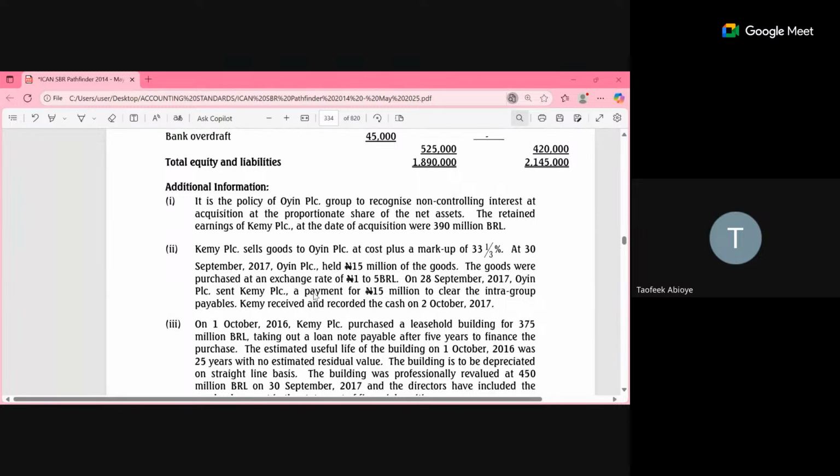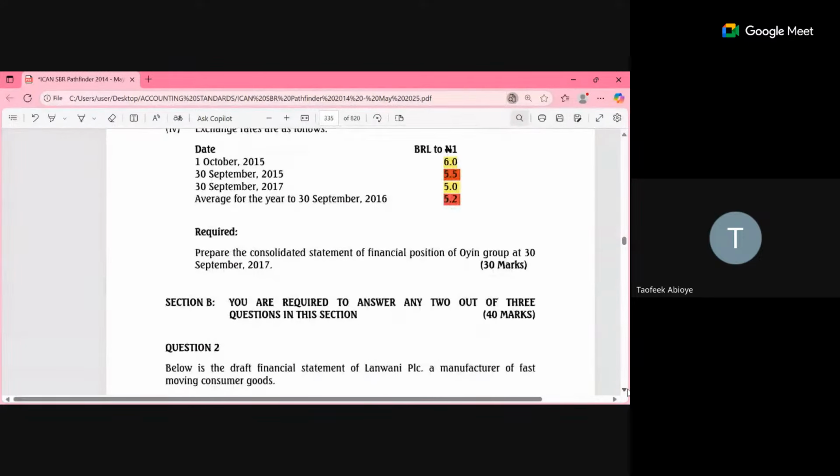What is cash in transit? Cash in transit is a situation whereby a debt is settled between the parent and subsidiary. However, one of them has not recorded that cash or bank transaction. So if you look at this question now, Kemi received and recorded the cash on 2nd October 2017. When is the consolidation date? The consolidation date is September 2017. Can you see?